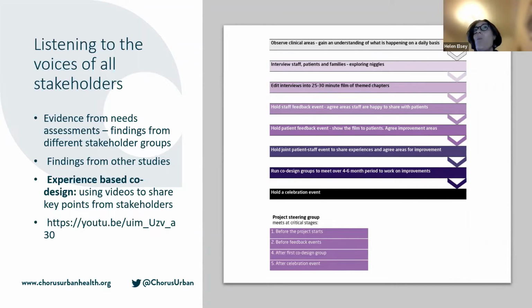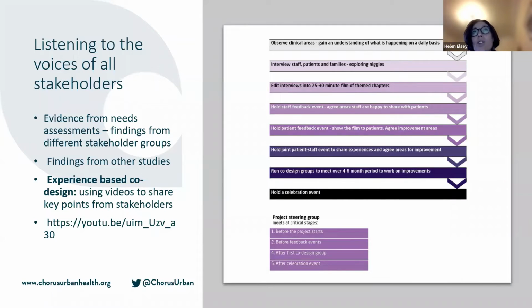So this is one way of trying to hear voices from multiple stakeholders to inform this process of co-design. There's a link there to a YouTube video where they talk through the process. So when we share the slides, do have a look at that. It's really interesting. It's something that's been used in the UK to develop patient care pathways, and to try and improve patient care.